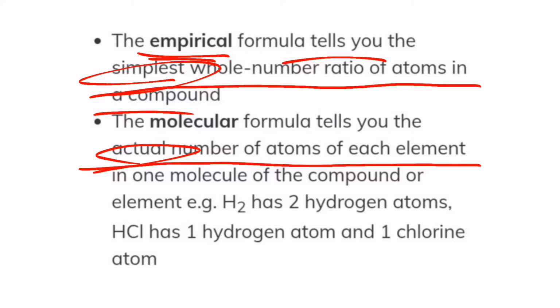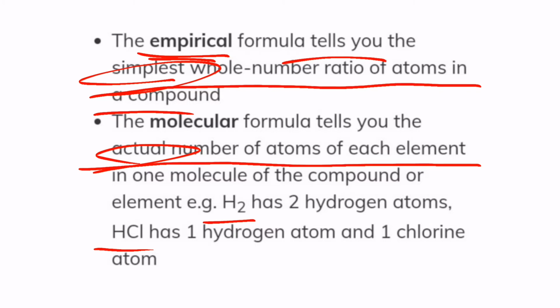So now, for example, if we have hydrogen, normal hydrogen appears as diatomic. So if it's H2, then it tells us that hydrogen has two atoms here. And here we have hydrogen chloride, or hydrochloric acid.